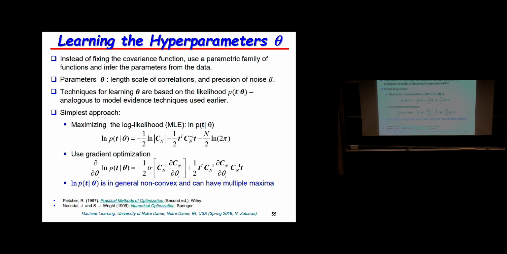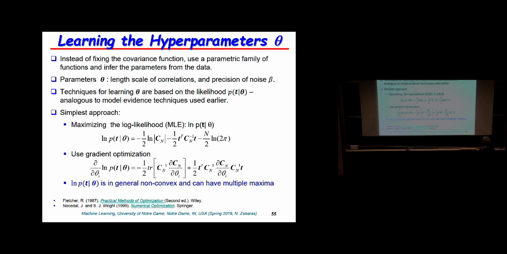You notice this is a Gaussian, so you get this from the quadratic of the Gaussian, and you get those two terms from the normalization. Inside here, you have the kernel hyperparameters, and of course the noise is also unknown. So you need to calculate derivatives of the log of determinants, and also derivatives of the covariance matrix inverse.